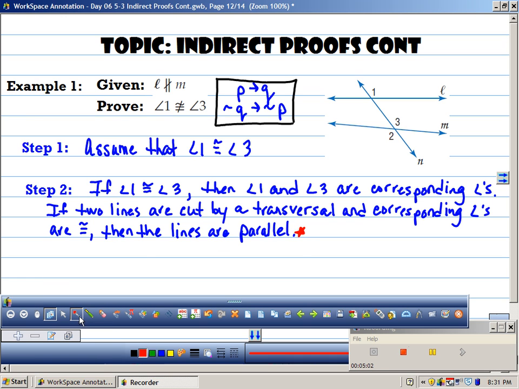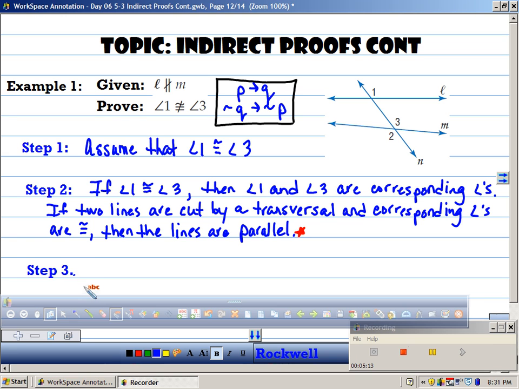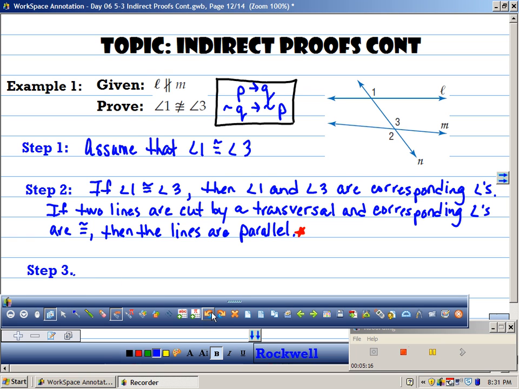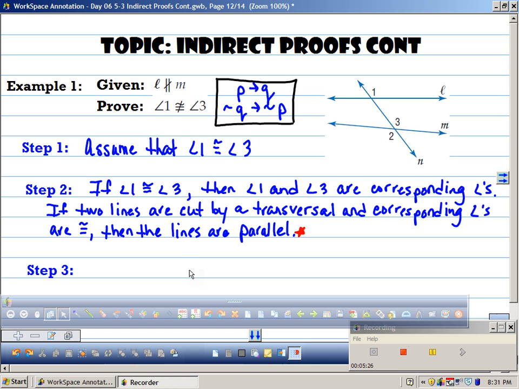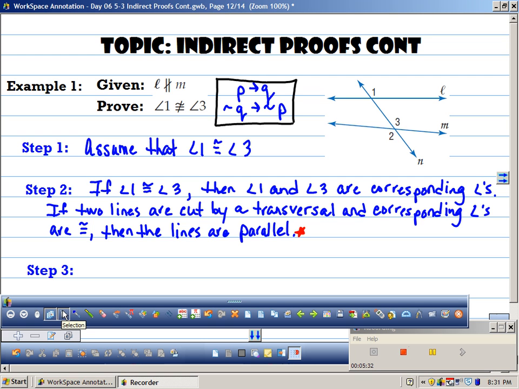So step number 3, let's switch back to my color here. Step 3, oops, fix that really quick. So step number 3 is to actually point out that because the false conclusion leads to an incorrect statement, the original conclusion must be true.